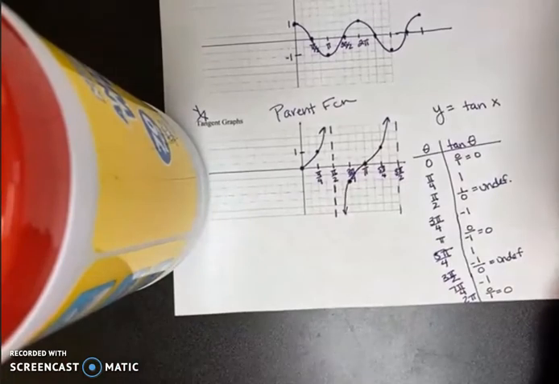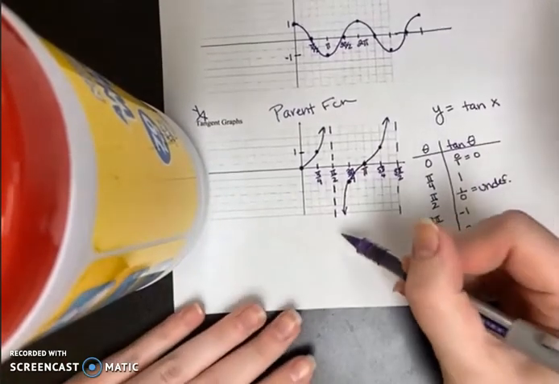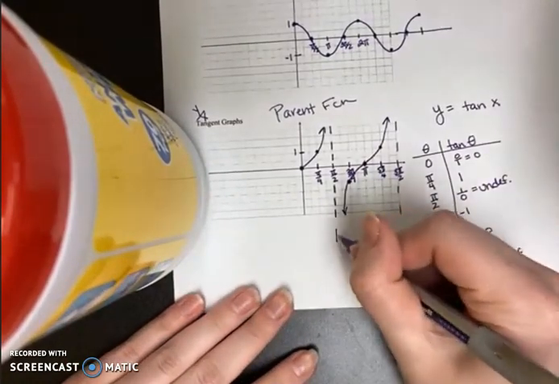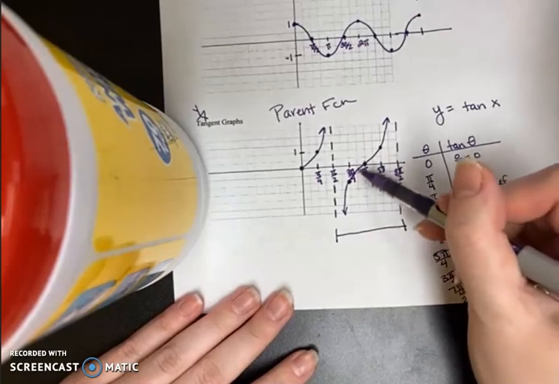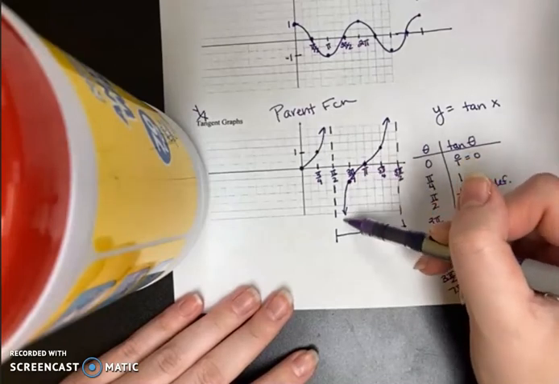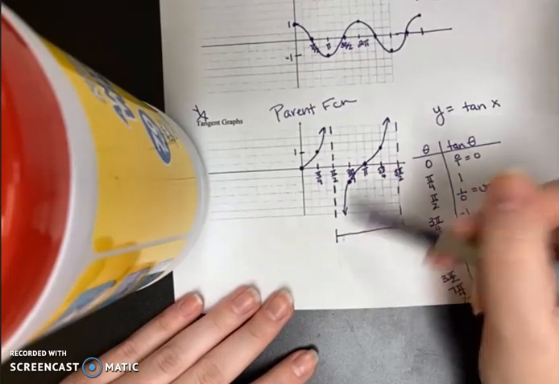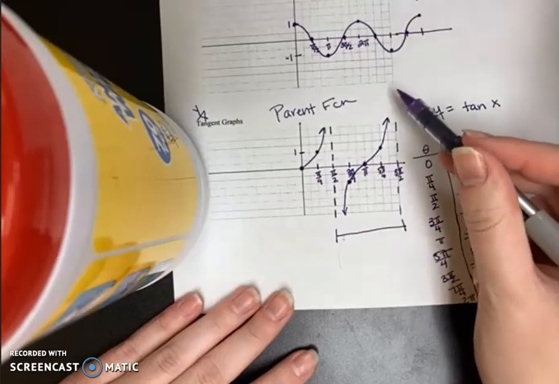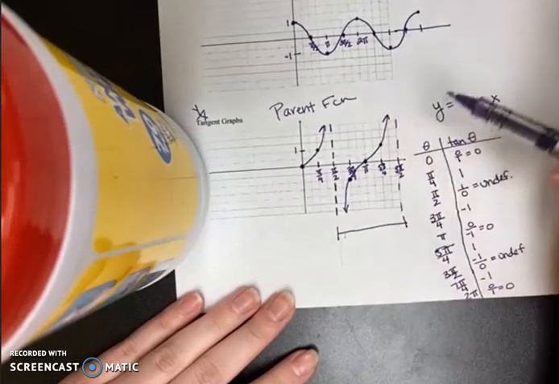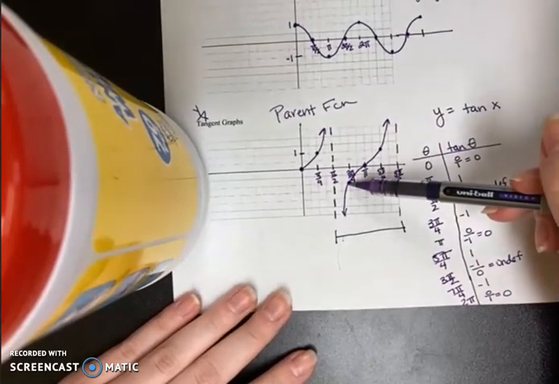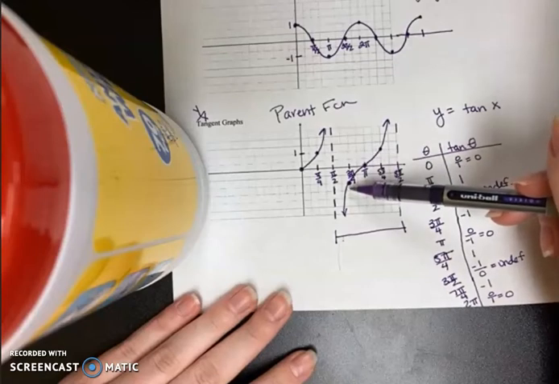So one cycle of tangent will be an asymptote to an asymptote. And the function of tangent will get closer and closer and closer to, but never quite touch, these asymptotes. The cycle would be a point below the x-axis, and we would go down whatever the a value is.